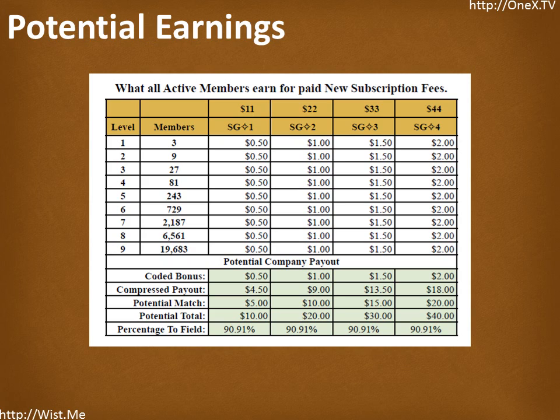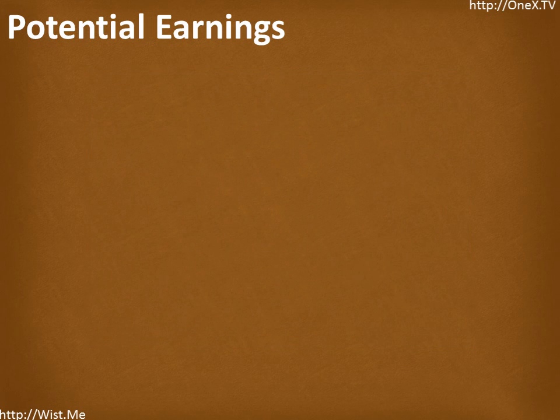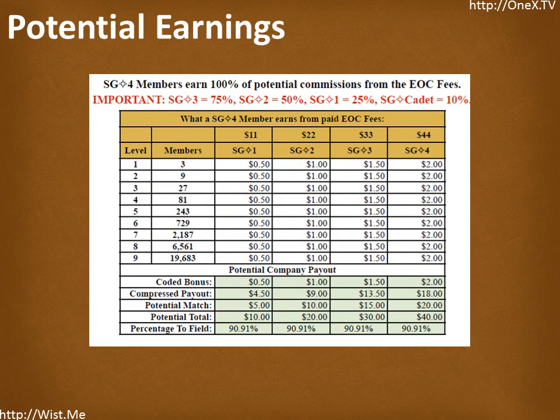And 81 people who make Stargate 4. That's $2. That is 162. So that will be, how much was it? 50 cents and $1 and $1.50 and $2 times 81. That will be $405. $405 every month, only on the new subscription fees. Already $400.